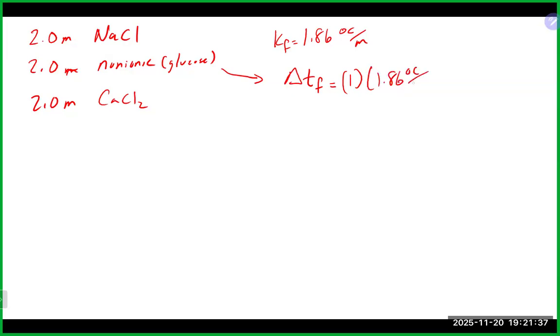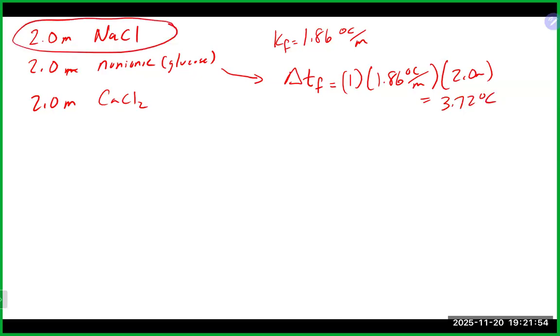1.86 degrees Celsius times the molality, and we'll take 2 for our molality here that I just made up, obviously. That would give us a change in freezing point temperature of 3.72 degrees Celsius. Now I take the same concentration of sodium chloride and put it in there.